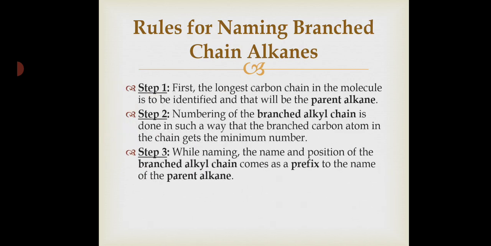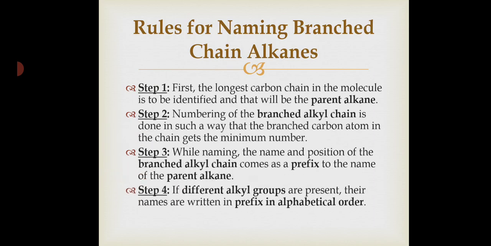Step 3 is, while naming, the name and the position of the branched alkane comes as a prefix to the name of the parent alkane. Step 4, if different alkyl groups are present, their names are written as prefixes in alphabetical order.